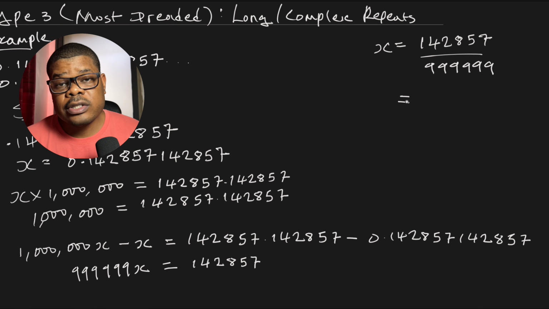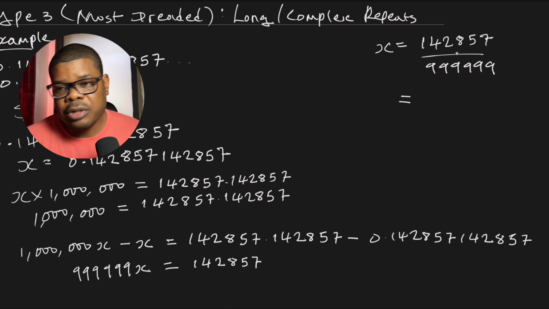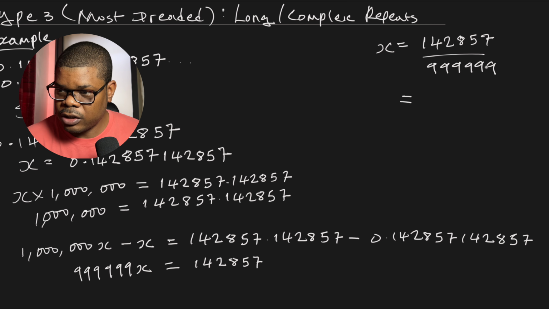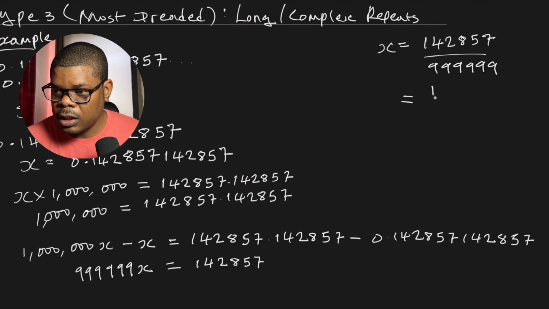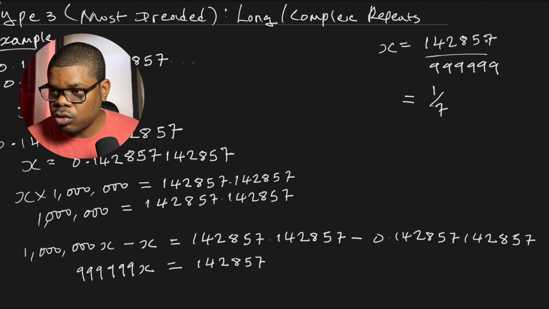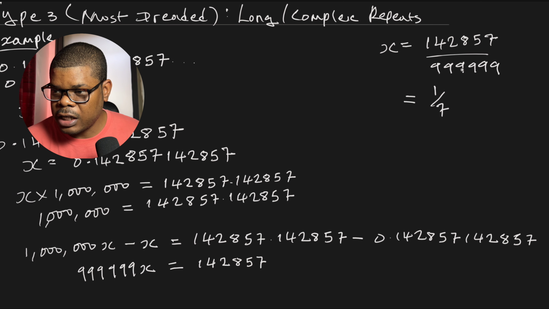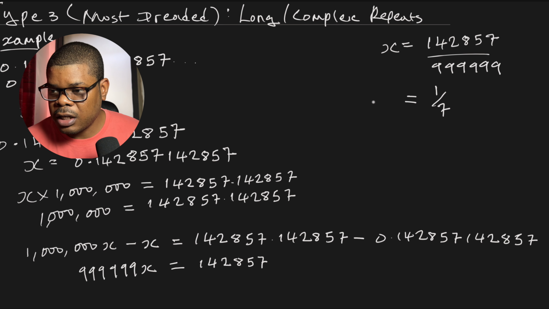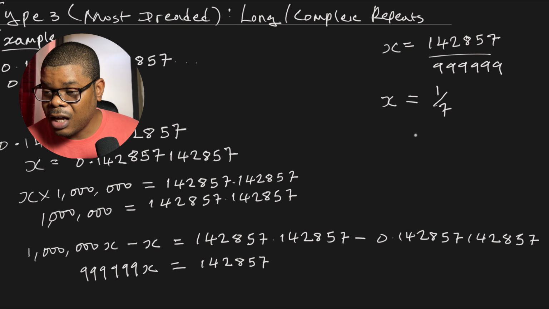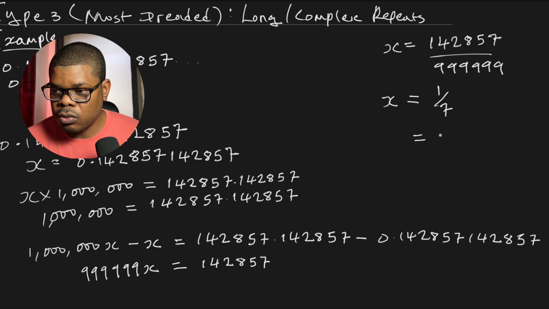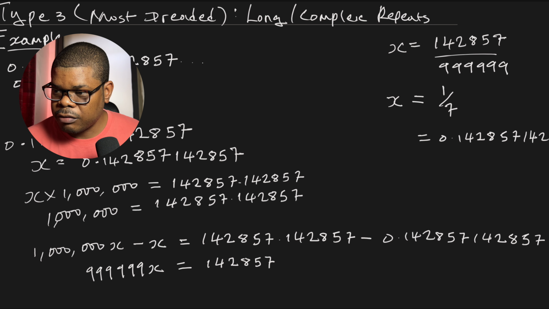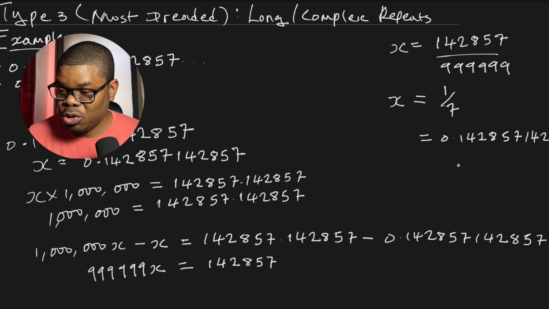So when you use your divisibility rule and you break this down to its simplest form, I don't want to take your time. What we have is 1 over 7, because 142857 goes into 999999 7 times. So that will give me my x.